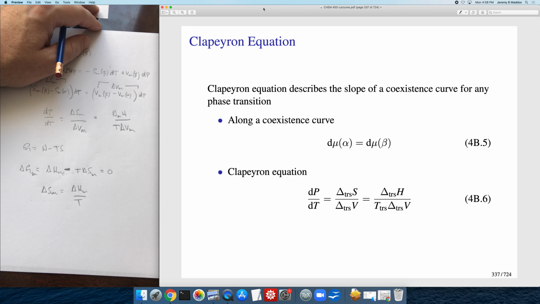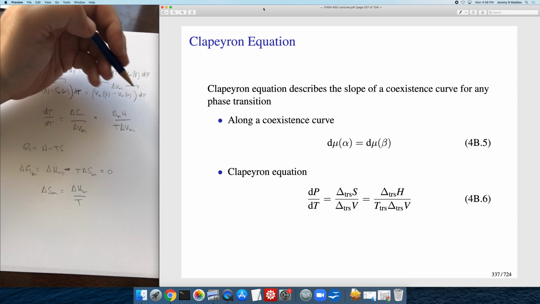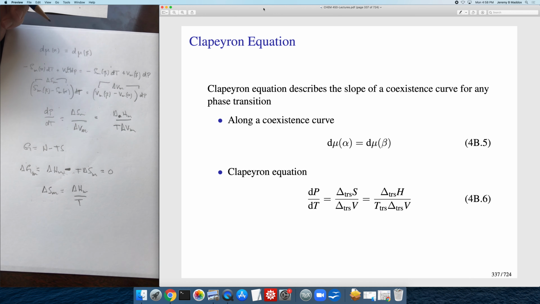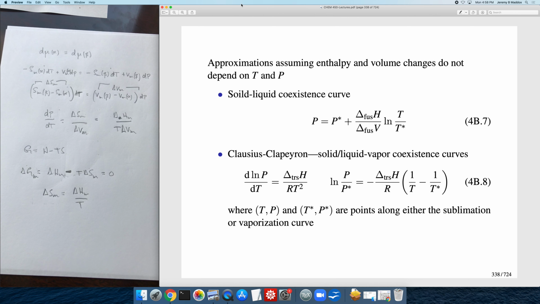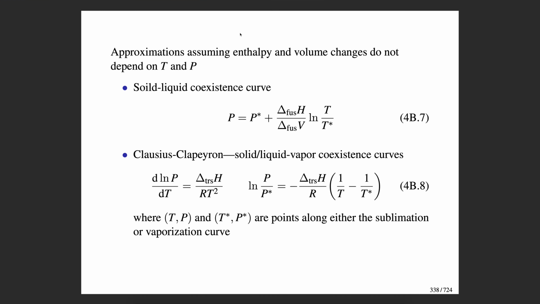And the reason there's a trs subscript in the Clapeyron equation is because these are, I probably should have put that M there, these are changes corresponding to a phase transition. We can take the Clapeyron equation and push it a little farther as long as we're willing to make some approximations.